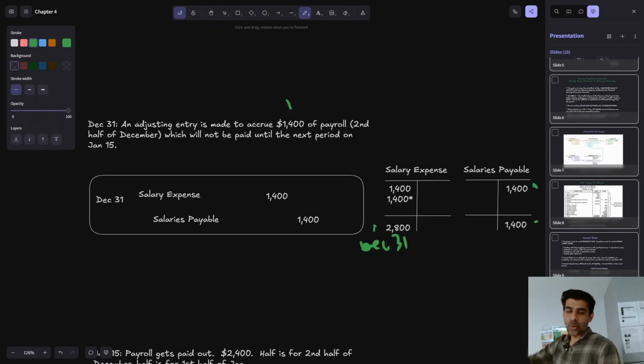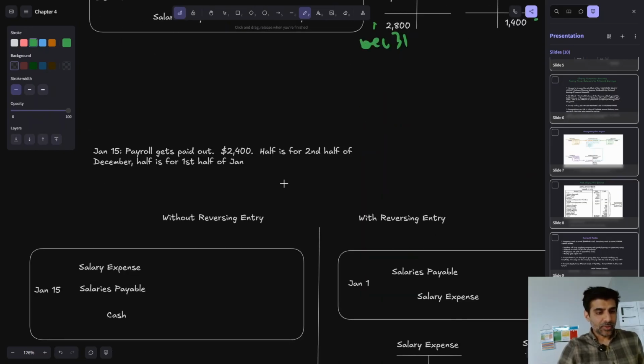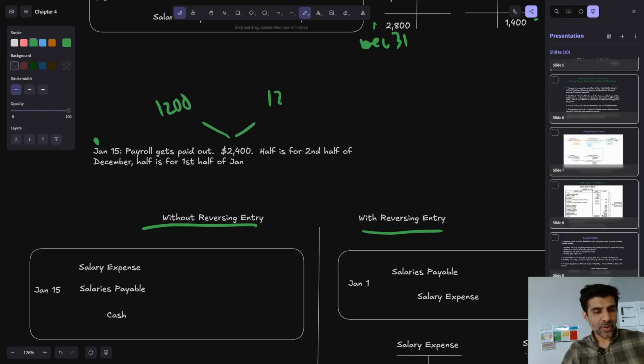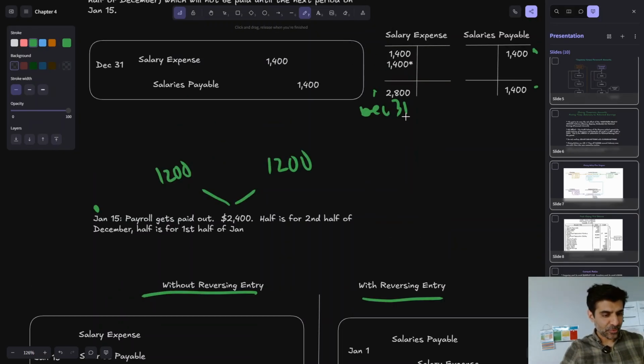Now the next day moves forward, and so let's do two different scenarios. This side is without doing any reversing entries, and this is with. Without the reversing entry, when we actually make the payroll, half of this, so 1,200, is for the previous period, and 1,200 is for the current period, right? What is it? 1,400. Shoot.